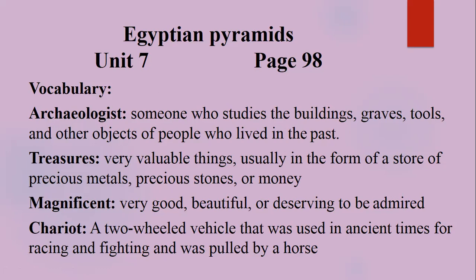Then treasures: very valuable things, usually in the form of a store of precious metals or stones or jewels or money. Magnificent: very good, beautiful, or deserving to be admired. Chariot: a two-wheeled vehicle that was used in ancient times for racing and fighting and was pulled by a horse.